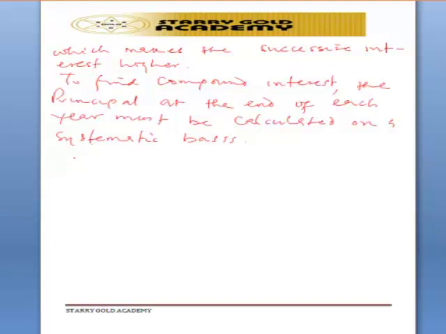This is what we are saying here. In order to get the compound interest for a certain amount of money, we firstly get our simple interest, which is P times R times T over 100.